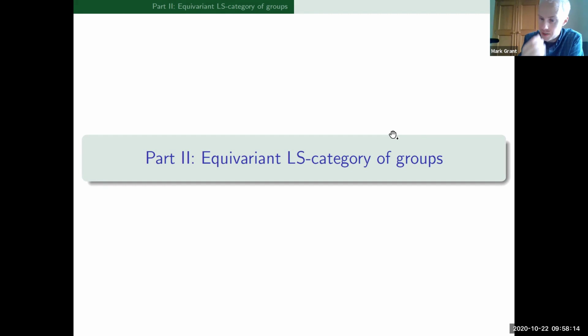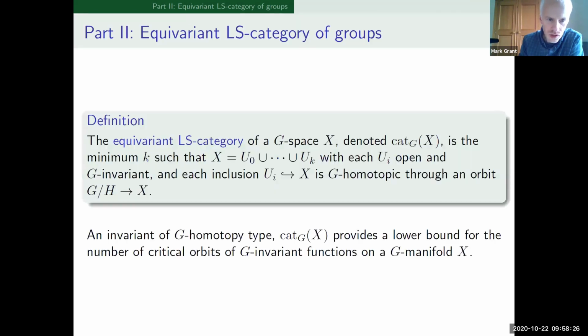So this is part 2 about this more recent work on equivariant LS-category of groups. And I hope it will become clear that this work wouldn't have existed without the previous work. So just to recall, the equivariant Lusternik-Schnirelmann category of a G-space X is the smallest K such that you can cover X by K+1 open and G-invariant sets, for which the inclusion is G-homotopic into an orbit of the action.